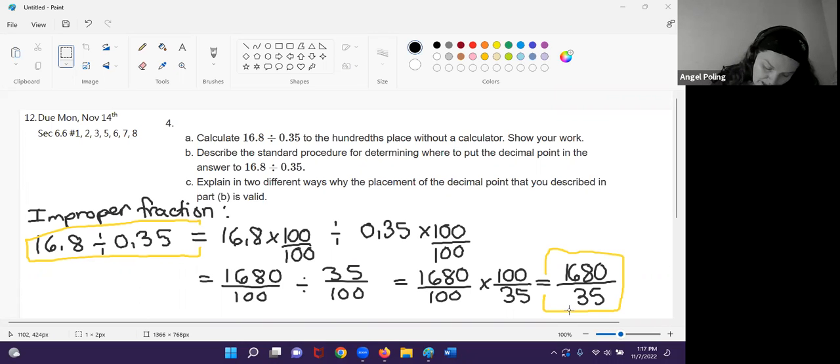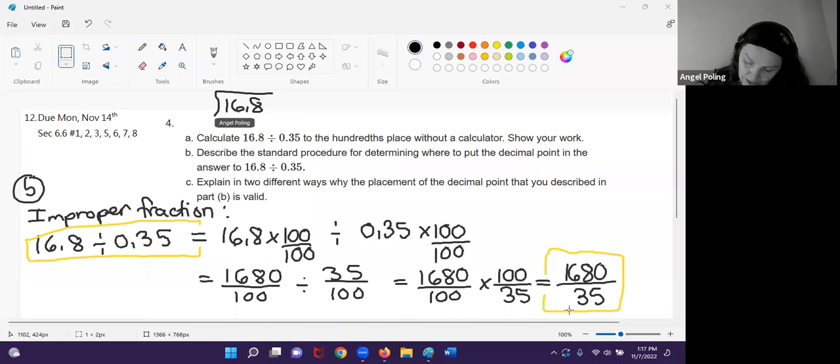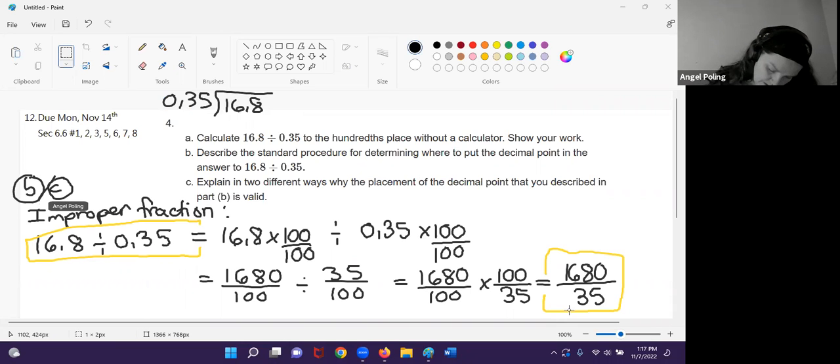So for part B, we then have justified ignoring, or like why we are able to leave the decimal point where we do. Okay, so let's see, or even part C, right?